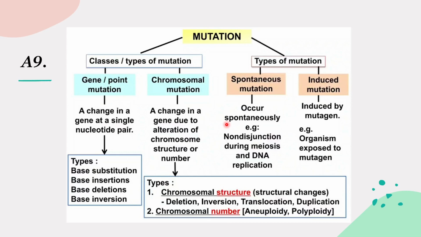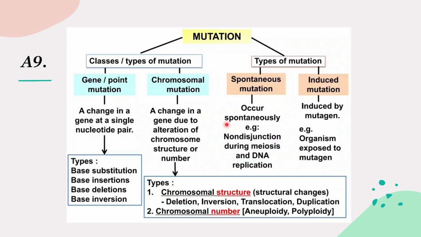Non-disjunction means what? During the cell division cycle, a mitotic phase is there, and an S phase is there. If DNA replication happens in the S phase and non-disjunction happens in the chromosome, that may lead to spontaneous mutation. Induced mutation can be done using any mutagen.